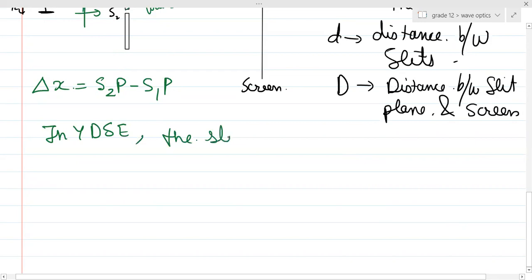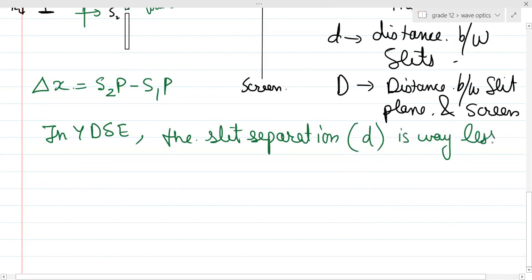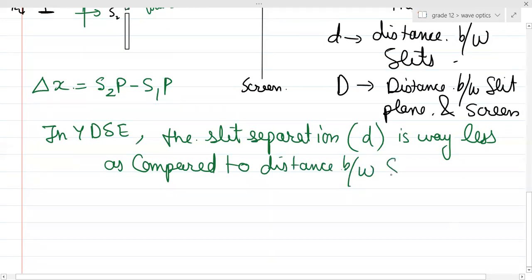Now, please remember that in YDSE the slit separation, small d, is way less as compared to the distance between the slits and the screen.